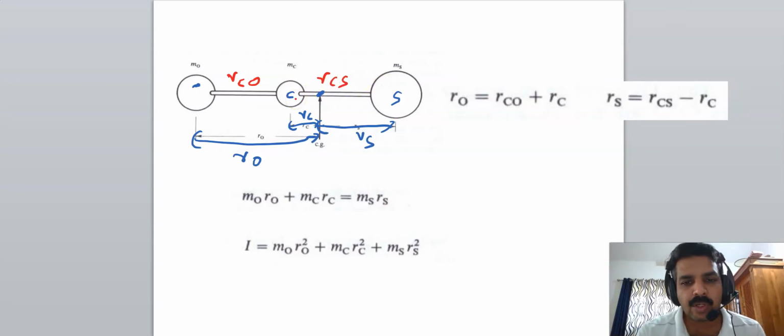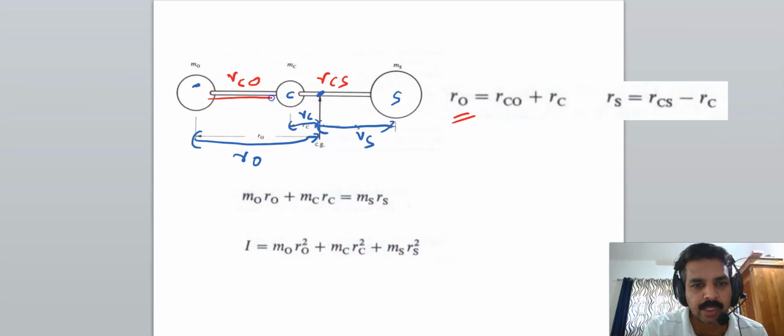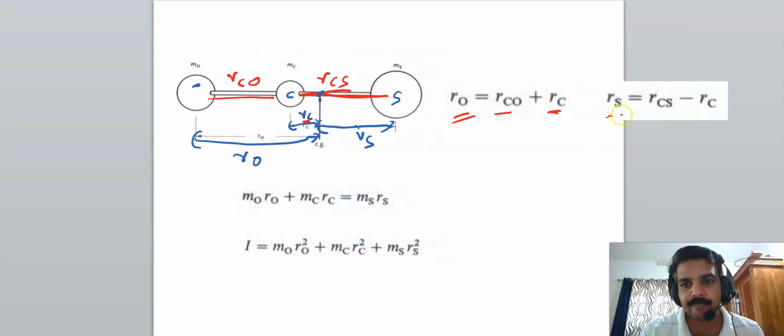So RO, the distance from the center of mass to oxygen, is equal to RCO plus RC. And RS, the distance from the center of mass to sulfur, we can write as RCS minus RC.